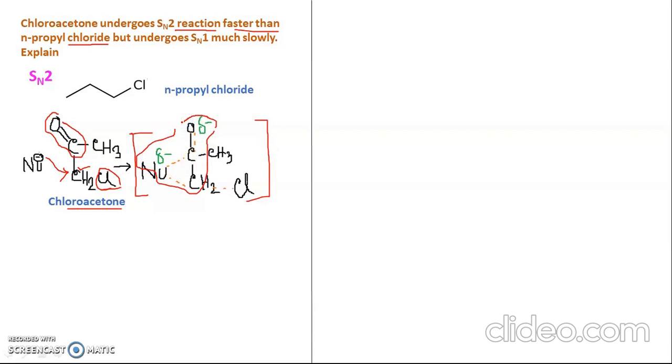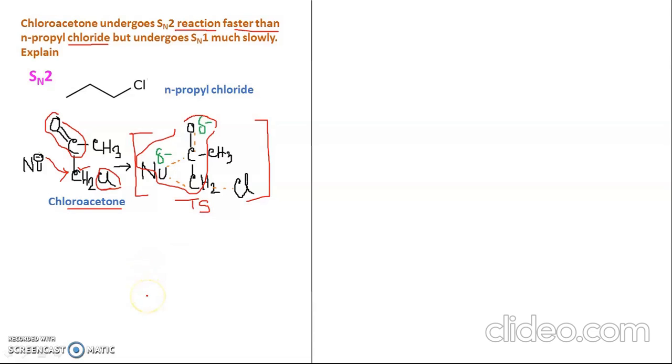So it will be very stable, because we know if some charge is localized at a particular position and we compare the same situation where the charge is delocalized, spreading over a large area, then it will be more stable. So this is the transition state which is very stable. So that is the reason that chloroacetone undergoes SN2 reaction faster compared to N-propyl chloride. It will be very fast.